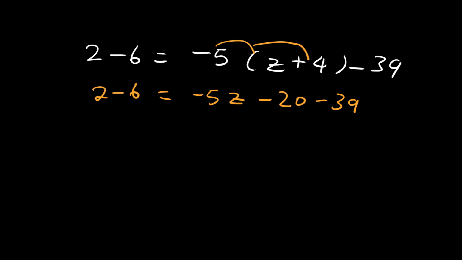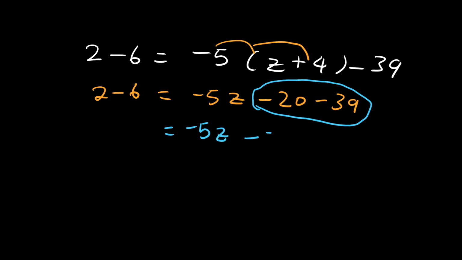Let's try to look for like terms. So these two are like terms. Let's add these two negative integers. So we will have negative 5z, and negative 20 minus 39, that's negative 59. These two are also like terms, so we can go ahead and solve it. That's negative 4.